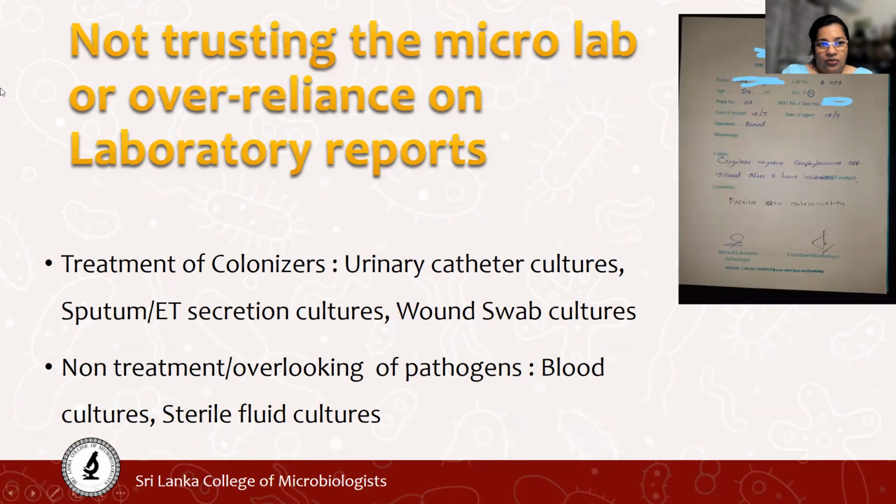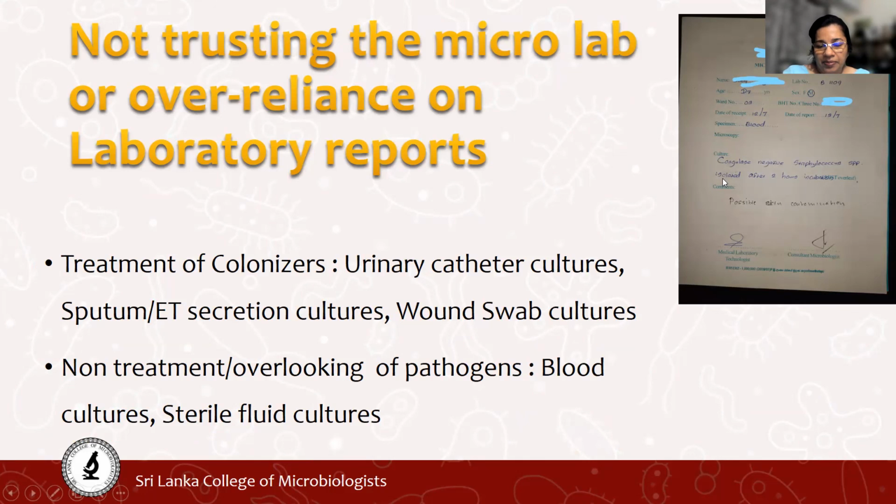One more error we make is not trusting the microbiology lab, or over-reliance on the laboratory report. For example, if we have a culture report like this one, Coagulase-negative Staphylococcus from the blood, which can be a contamination, you don't need to treat.